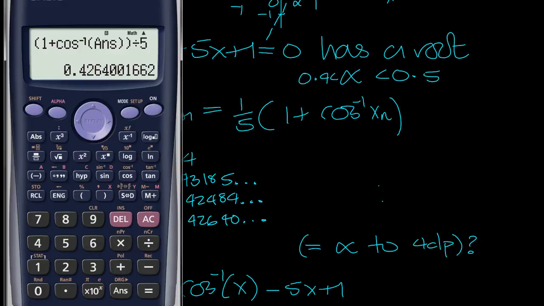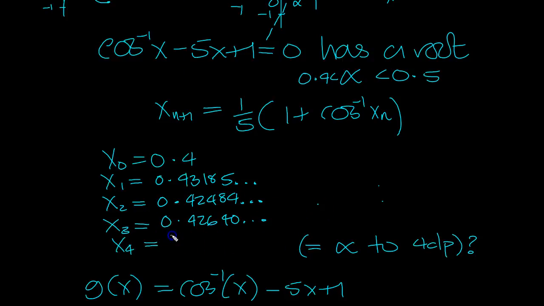And then x4, 0.426057. Okay, that'll do. So x4 to 4dp is 0.4261, and that's the 4dp.